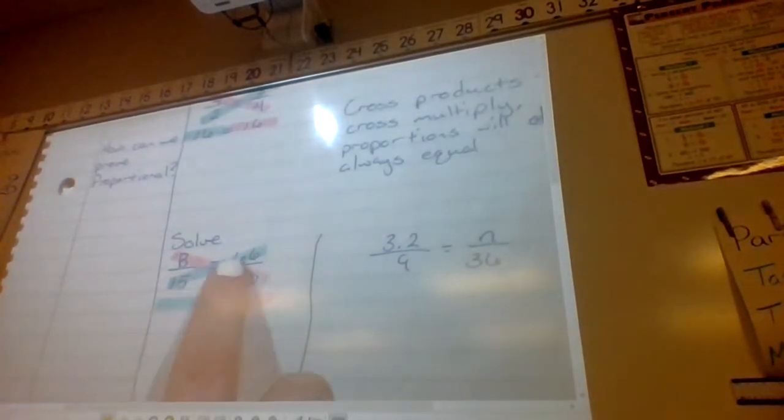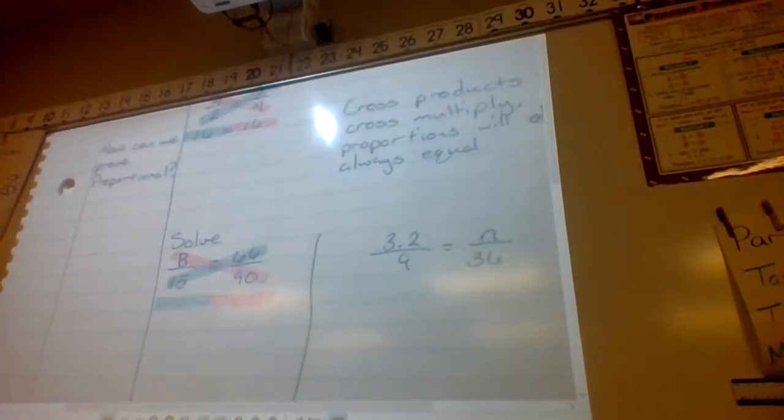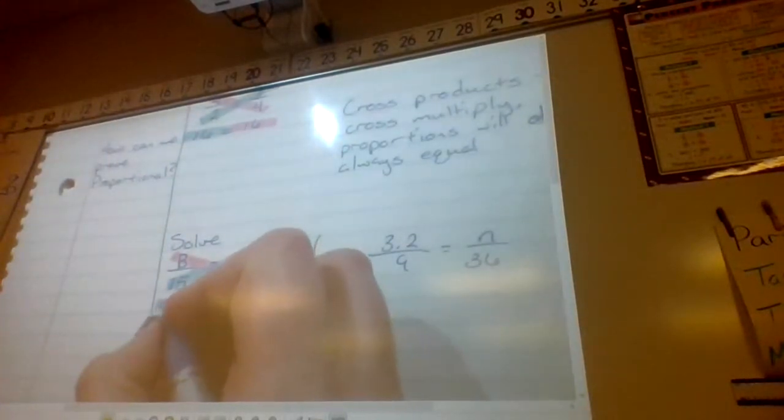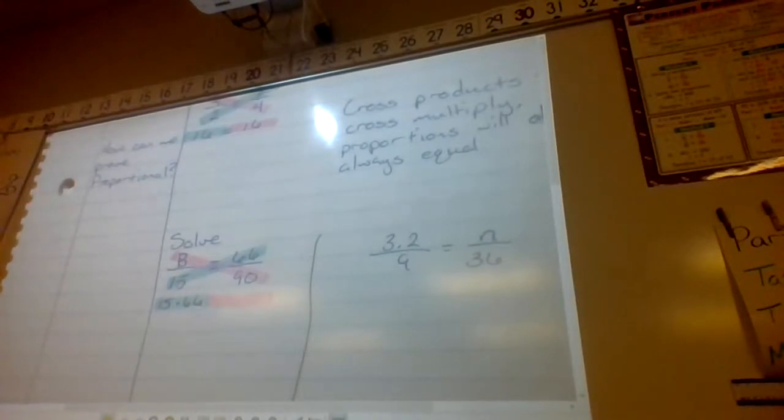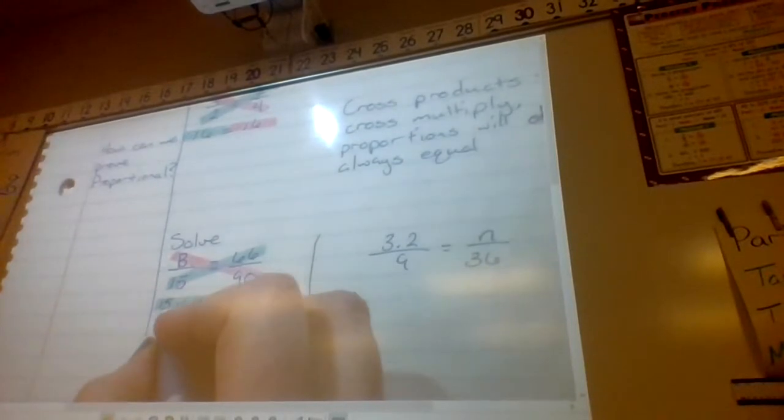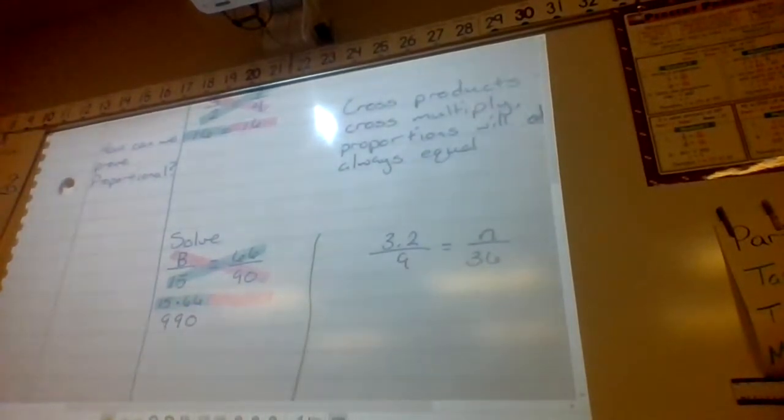What's in this first color? What's in my blue? What are we going to do with 15 and 66? We have 15 times 66. What is 15 times 66? What's in the pink?